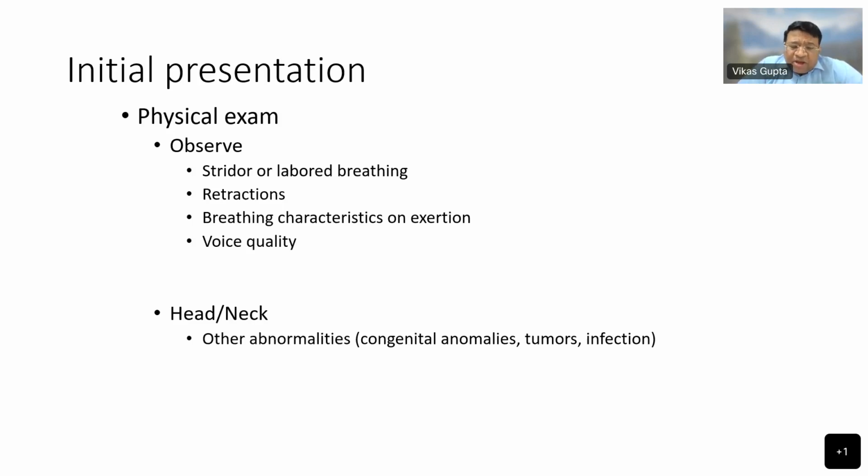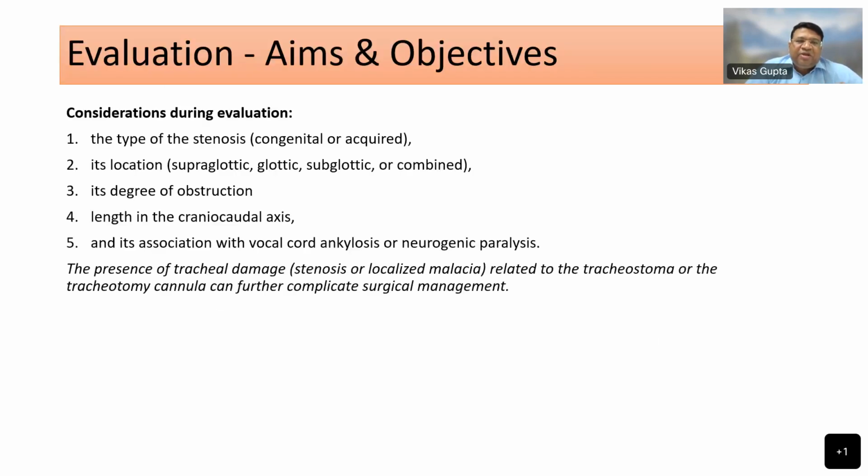We also need to observe the voice quality, because that indicates the laryngeal function of the patient. Apart from that, we need to thoroughly examine the whole head and neck region for other abnormalities, especially when there is no history of intubation, or no distinctive history which indicates the etiology or cause of stenosis.